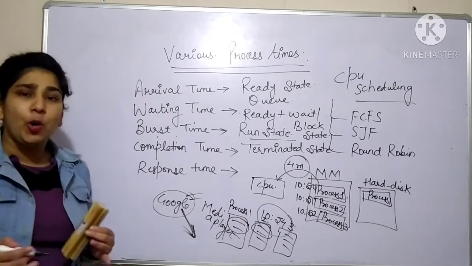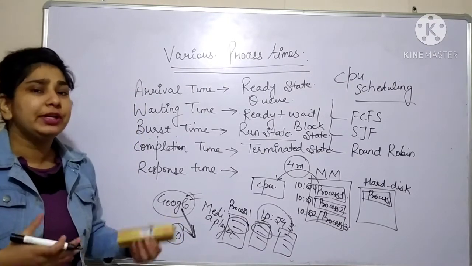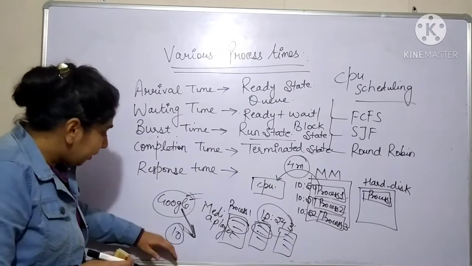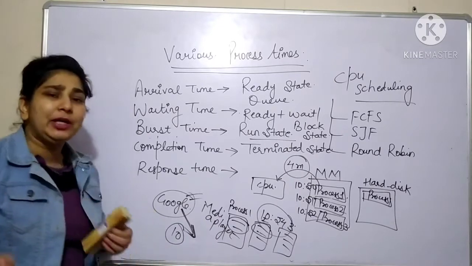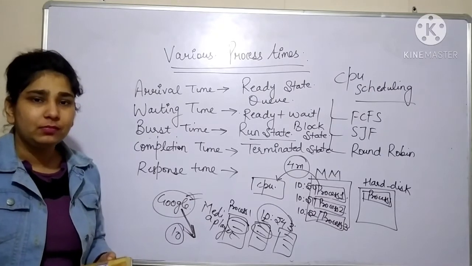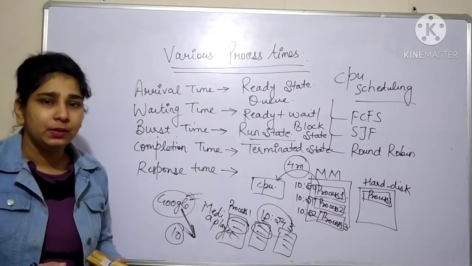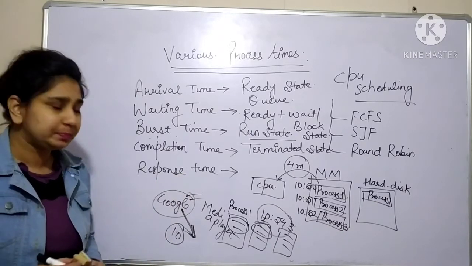Even if you are opening 10 files at a time, we have to reduce the response time, because if you don't get a response faster, you will be clicking again and again on the same file. So we will be having a problem in that case. We want to reduce the response time.